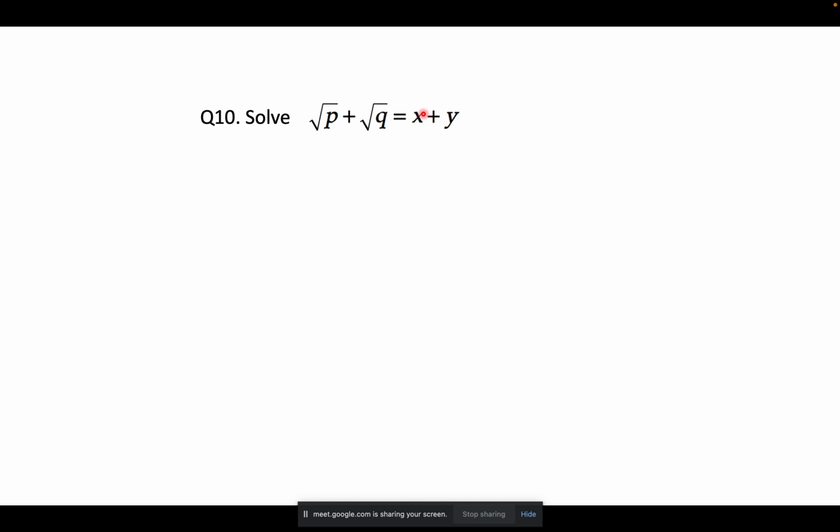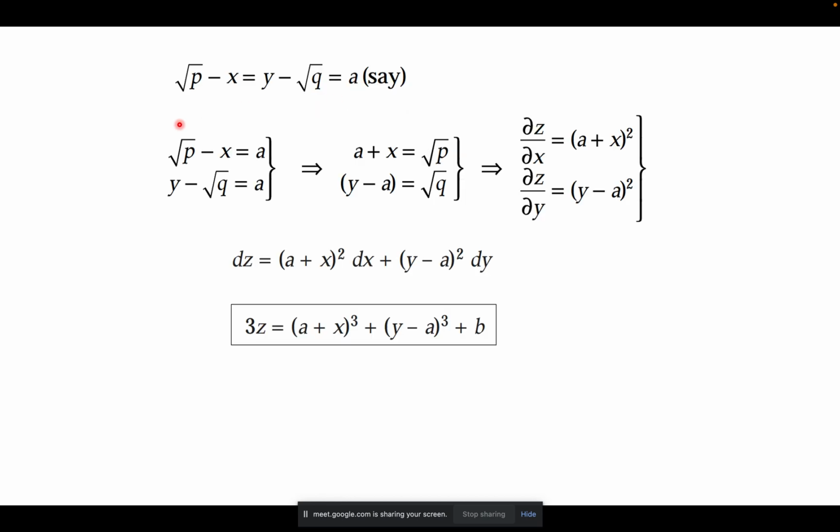So what you do in the third standard form, you can bring this variable x on the left hand side, and to a, which I am calling some constant. And what I write now, root p minus x is equal to a, and similarly y minus root q is equal to a, right? So what I can write from here, a plus x is equal to root p, right? Because I can bring this x on the right hand side.